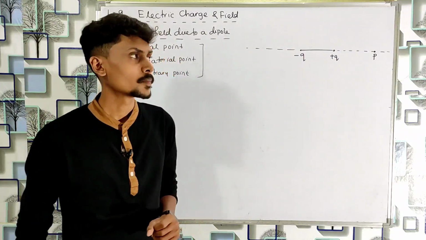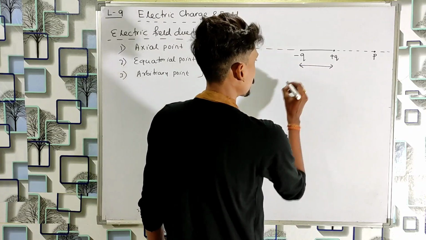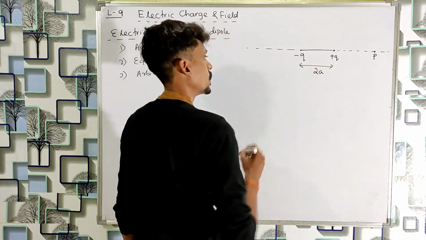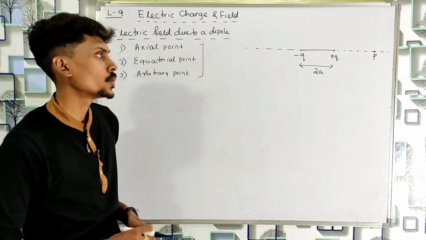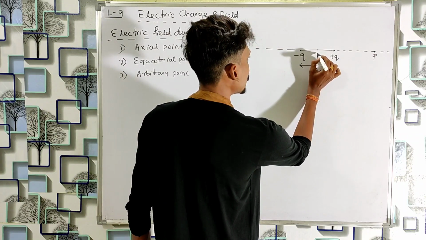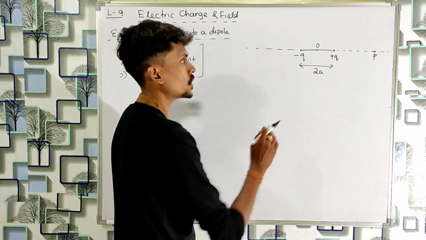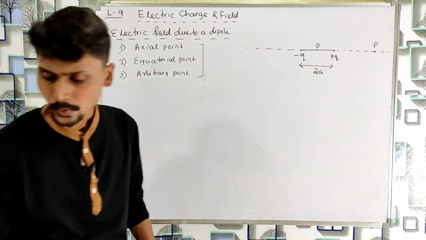The separation between the two charges, or the dipole length, is 2a, and point O is the center of the dipole, and P is an axial point.